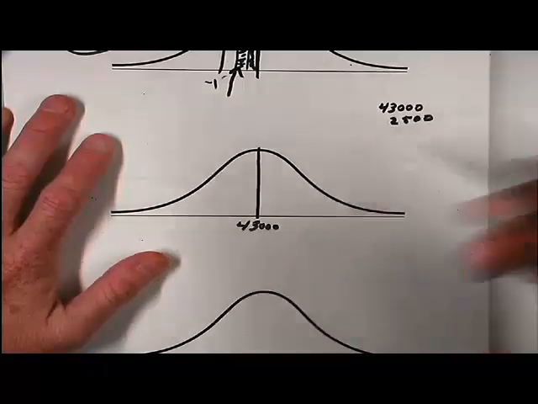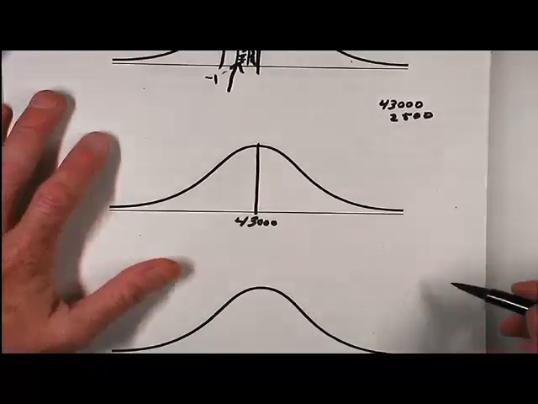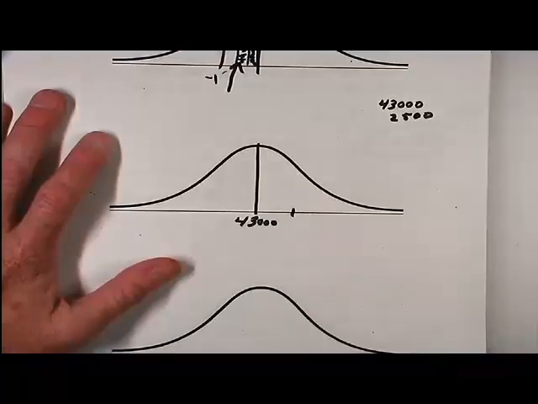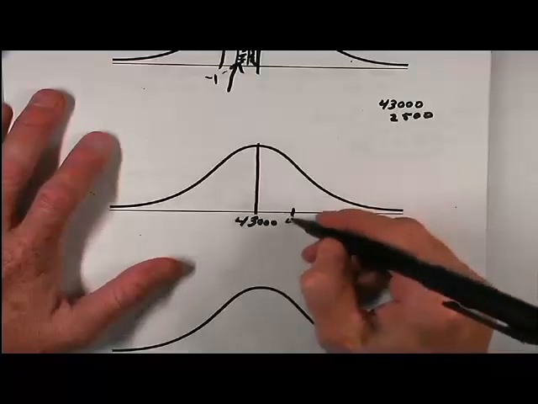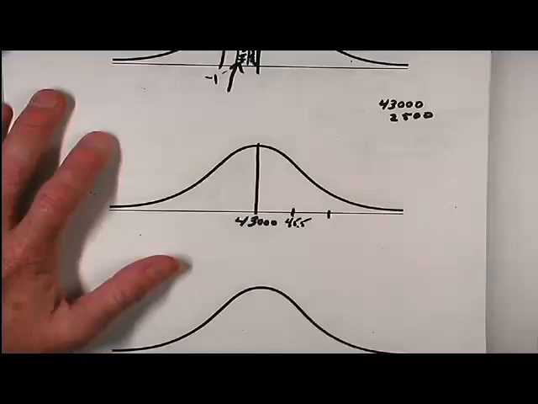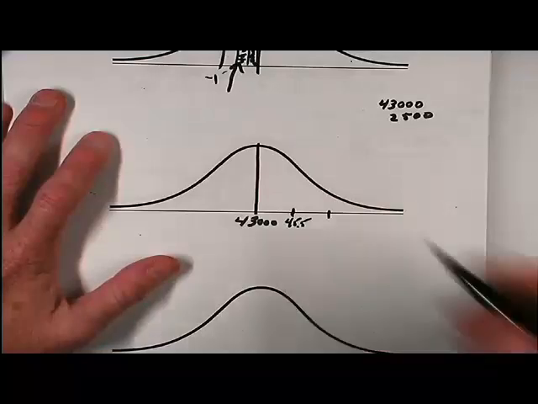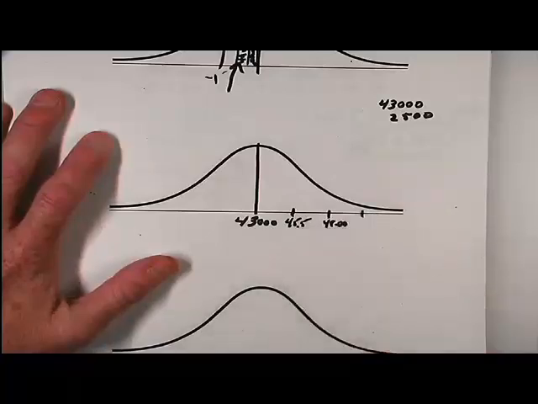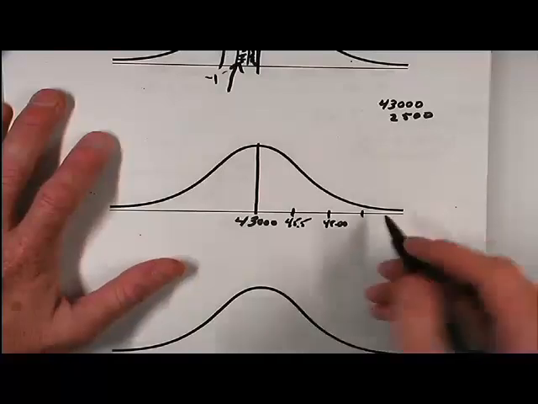So you could say 43 and 2.5, right? 43 plus 2.5, so that's 45.5, plus 4,800, plus 50.5.